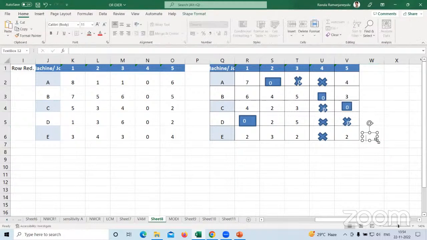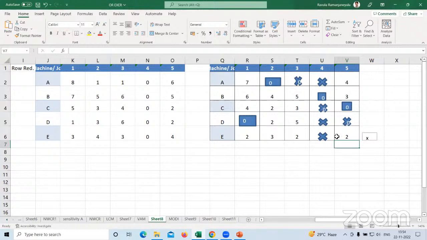Assignment is not done in this row, so we made a tick mark here.